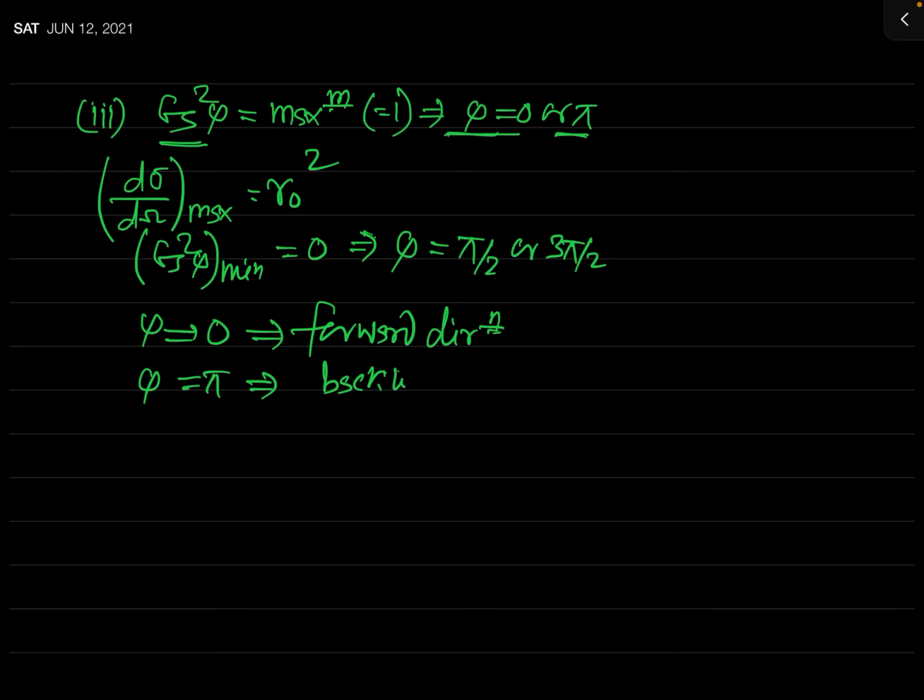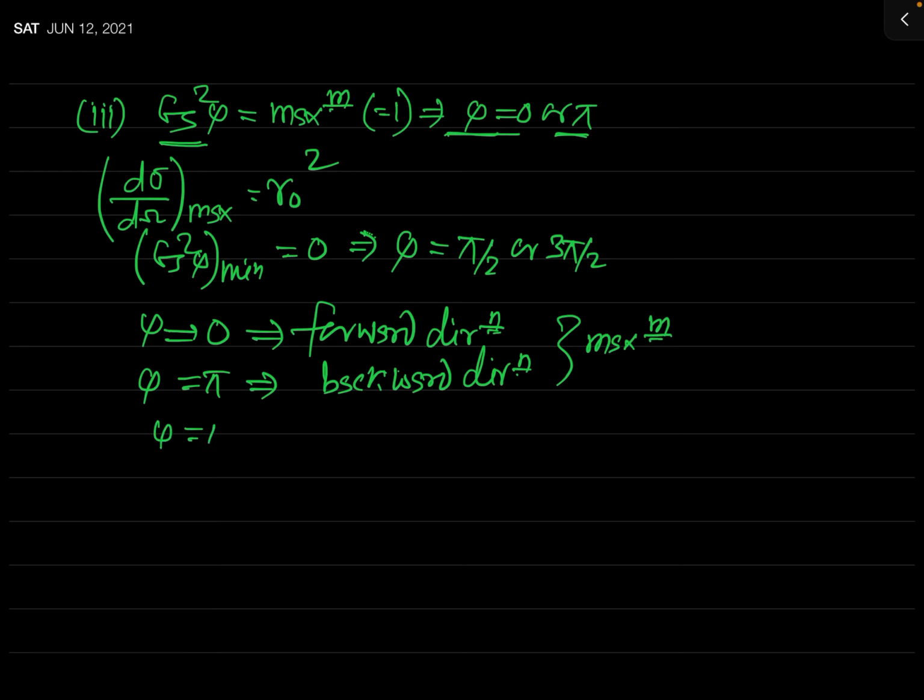Forward means in the direction of incident wave, backward means in opposite direction of the incident wave. So in these two directions, the scattering is most probable. Probability of scattering will be in fact maximum. So these are the directions of maximum scattering.